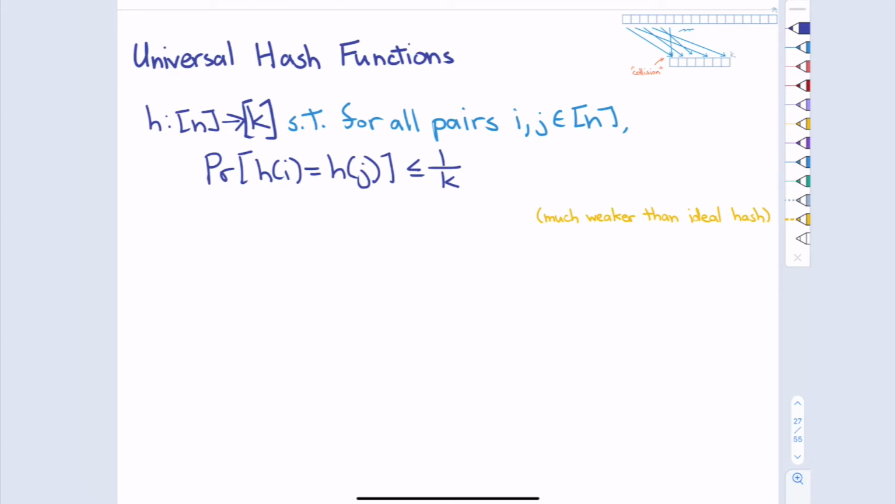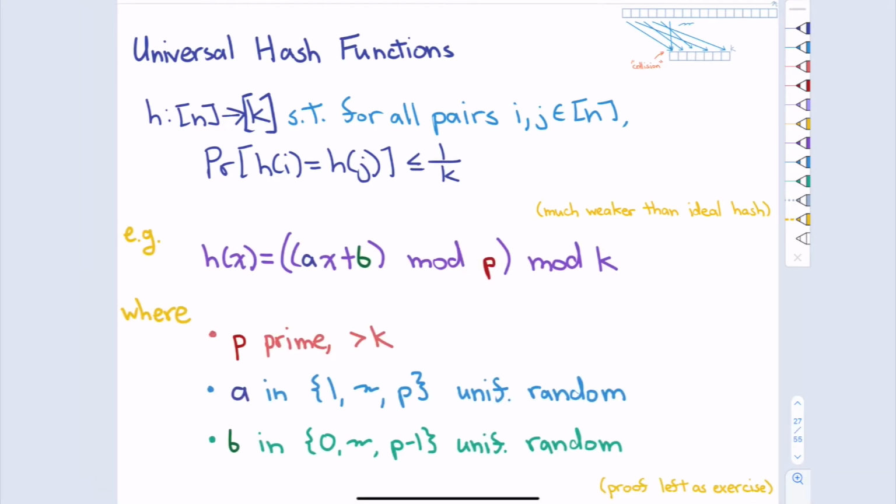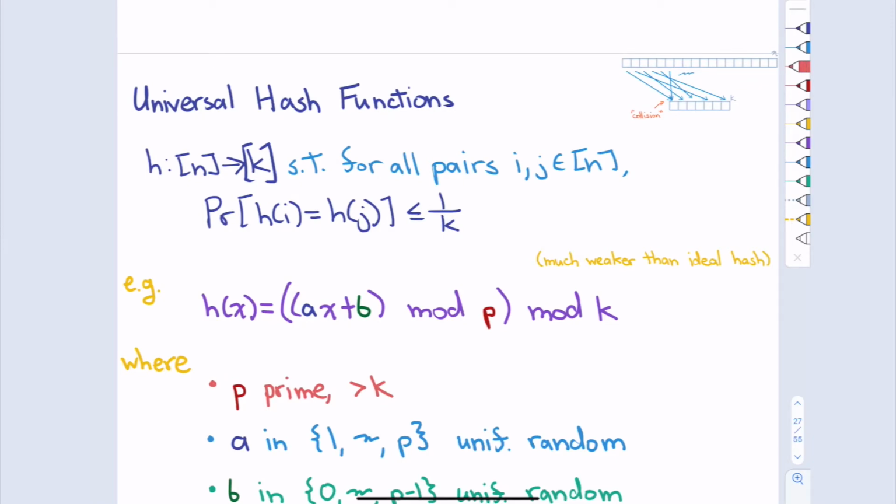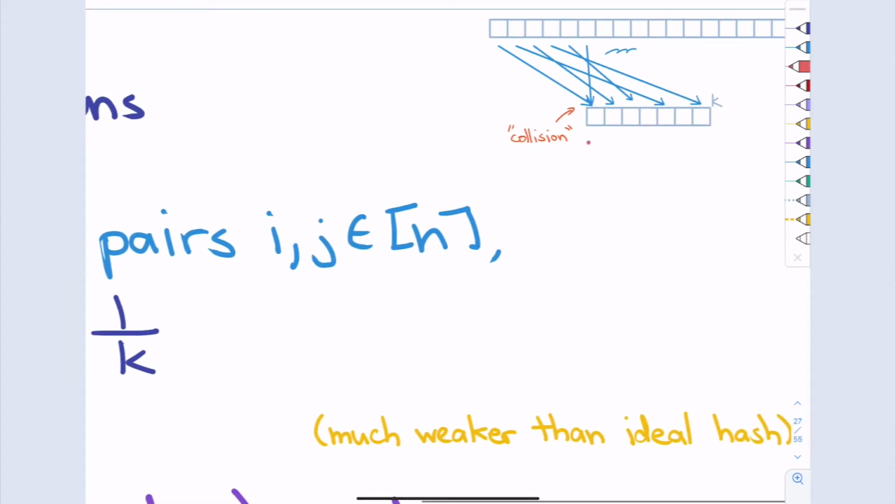Okay, so let me give a simple example. This kind of hash function, which is very limited and very simple, will give you this universal hashing guarantee. It's really just ax plus b, where a and b are chosen randomly. You have to be a little more careful: you choose some prime number p that's bigger than the space you're mapping into.